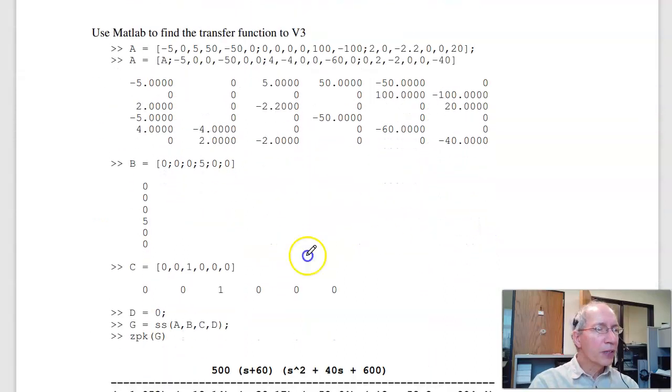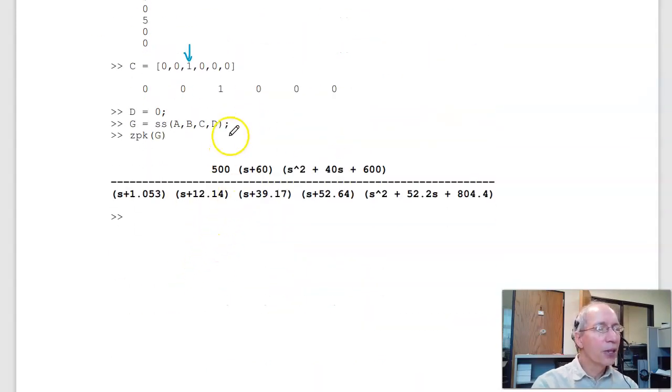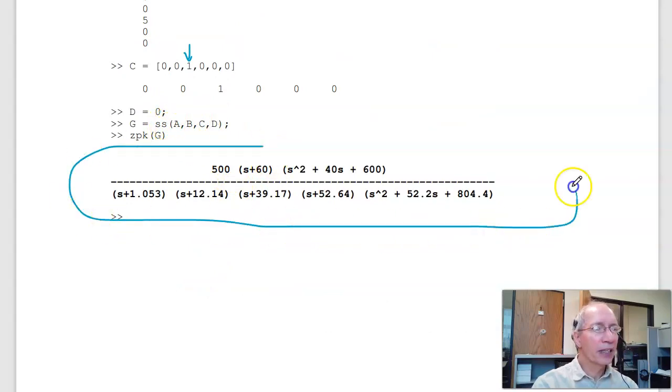If I want to find the transfer function to V3, again this is your V1, V2, V3, I4, I5, I6. If I'm looking at V3, there's my C matrix. Input the A, B, C, D. Throw into MATLAB in state space form, find the transfer function, and there she is. MATLAB is really convenient for this; state space makes this type of problem a whole lot easier.